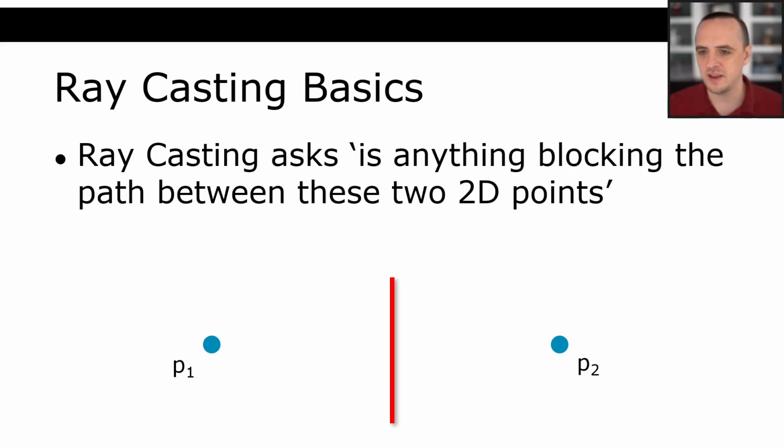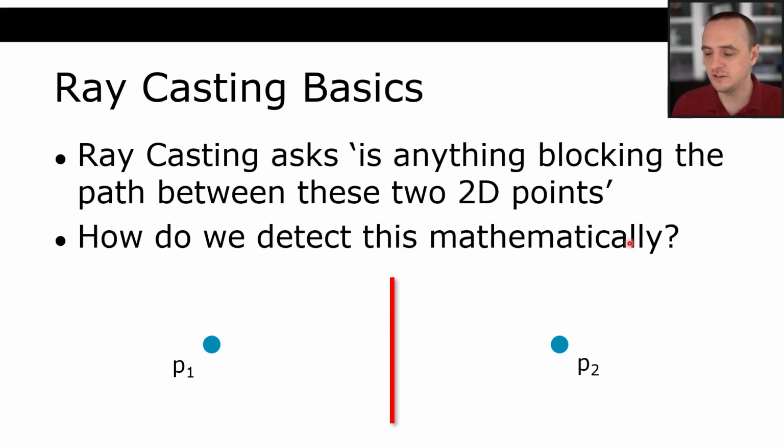So, the very, very basics of raycasting. The problem of raycasting basically asks, is anything blocking the path between these two points? I have a point over here, call it P1, and I have a point over here, P2. Is anything blocking the path between these two? In some cases it might not be. In this case, there is a line between them, right? So how would we detect this mathematically?